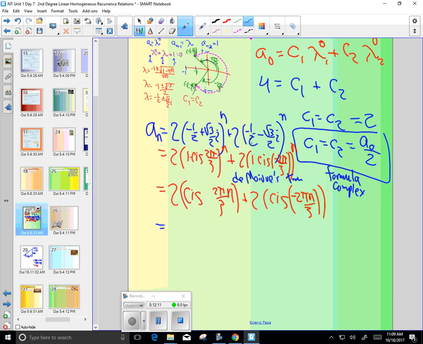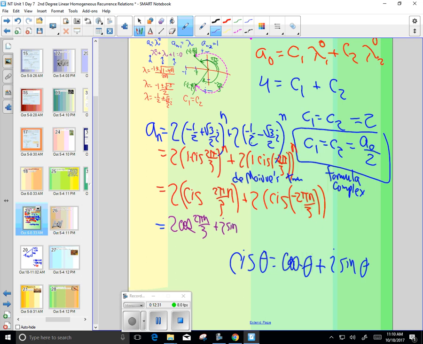Now, what we're going to do is we're going to expand this. Remember what cis meant. It's the cosine of theta plus i times the sine of theta. So this is going to be, in purple, 2 cosine 2 pi n over 3 plus i sine 2 pi n over 3. This is times 2.